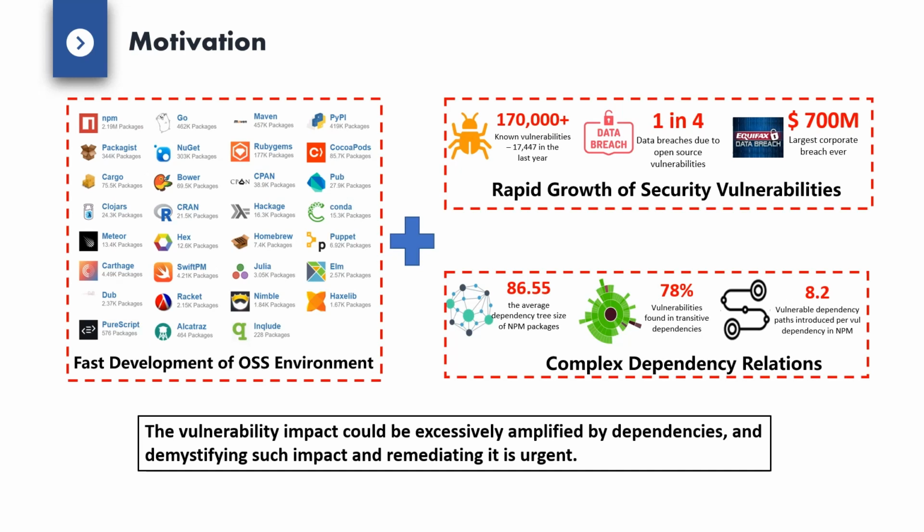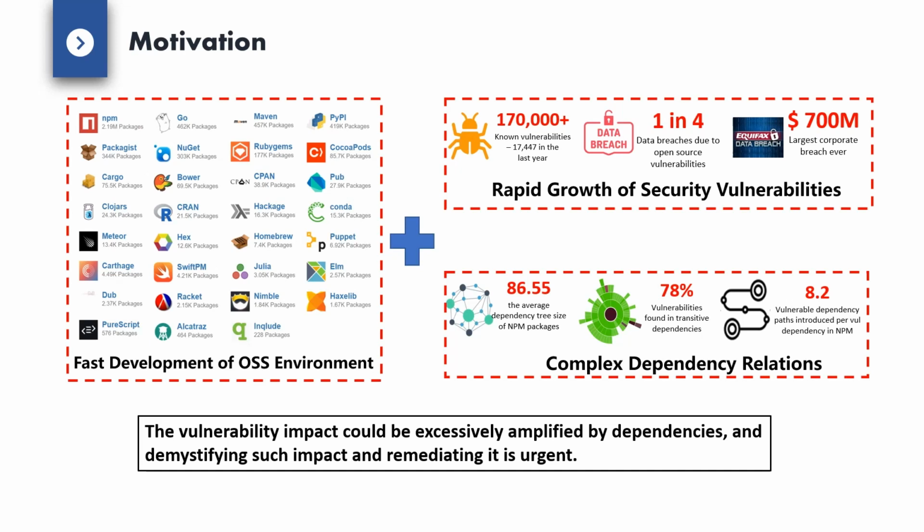Besides, known vulnerabilities also grow rapidly. There are more than 170,000 known CVEs from NVD's latest statistic, and every 1 in 4 data breaches are because of open-source vulnerabilities.